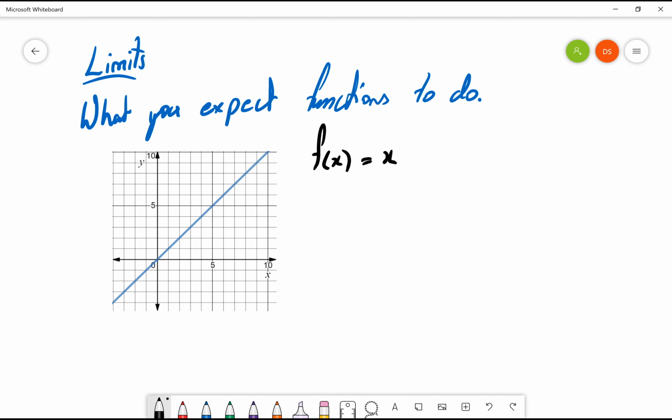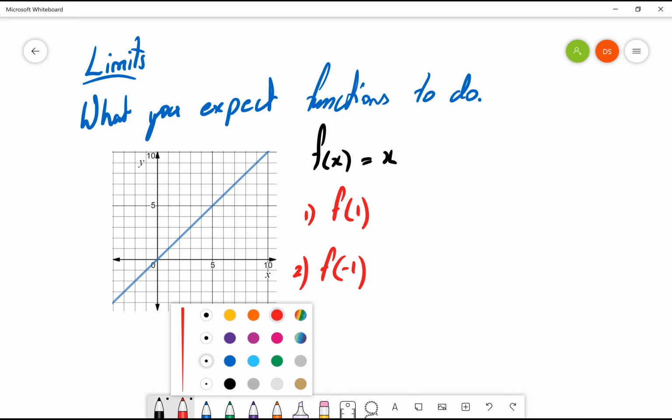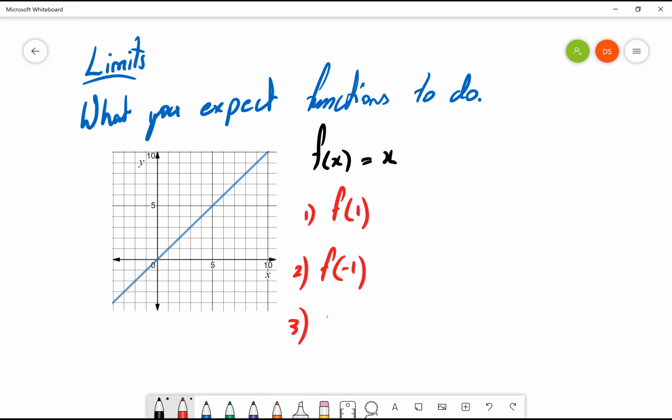Fairly comfortable function. I want to ask a question. Question 1. What is f of 1? Question 2. What is f of negative 1? And question 3. What is f of 2? Can you tell me what these are?